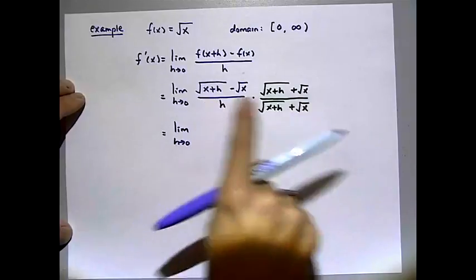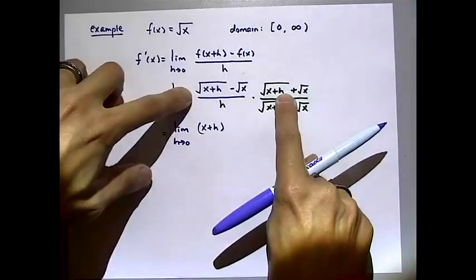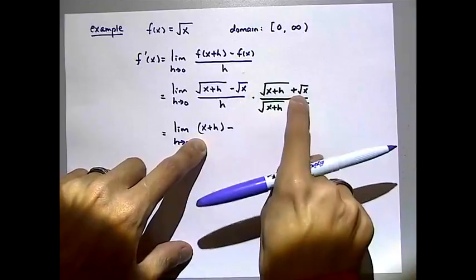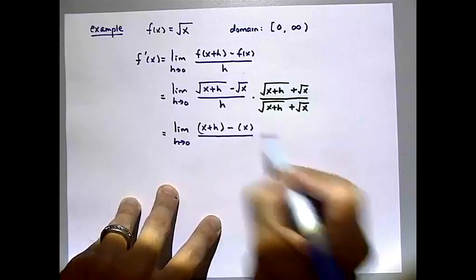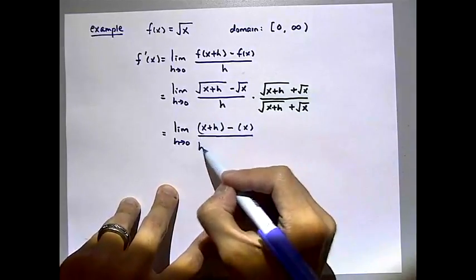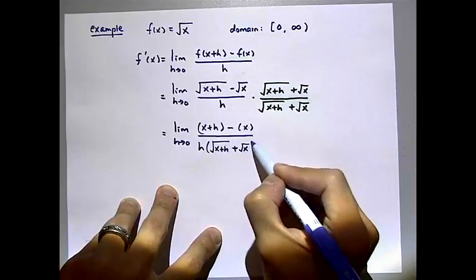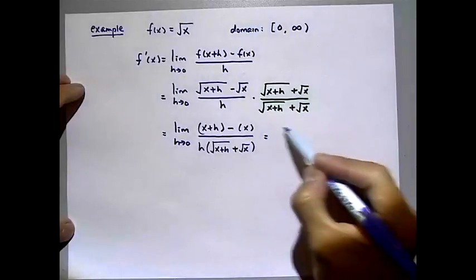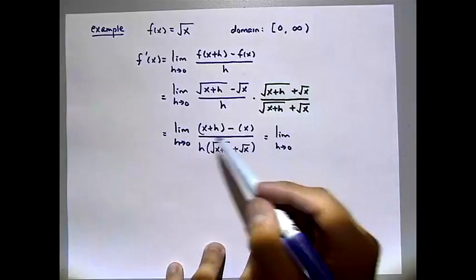Numerator is x plus h, right? This thing squared, so it's x plus h minus radical x squared, and that's x. Don't do anything to the denominator. Don't multiply this out. It rarely helps. All right, so let's see.